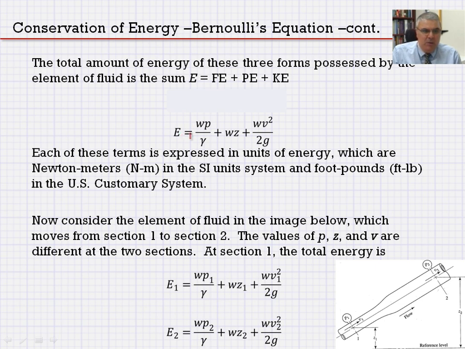As such, we are going to add the terms for E as Wp divided by gamma, plus Wz, plus Wv squared divided by 2g. And note that each term in this equation is in the unit of energy. That's a good verification for us.